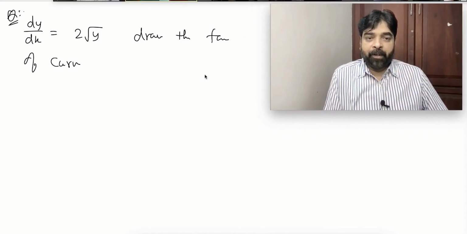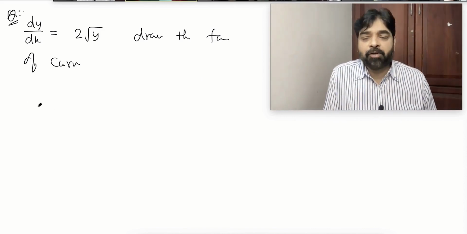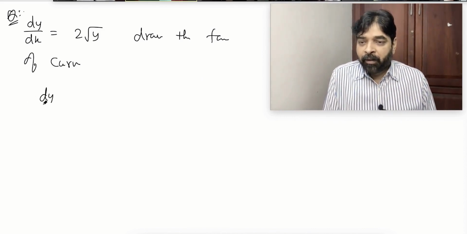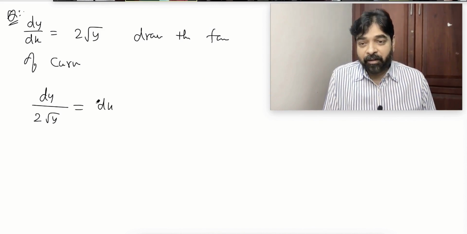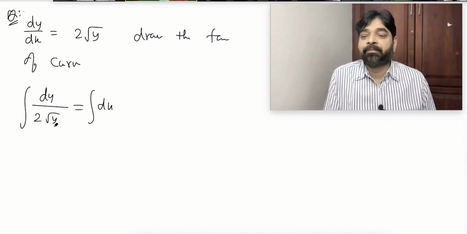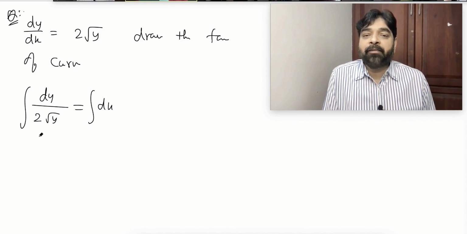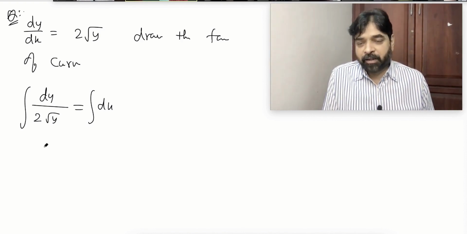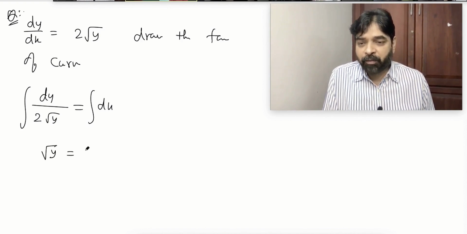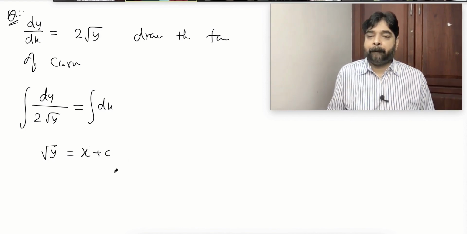Okay, let me try. Very simple question. I hope all of you got it. dy by 2 root y. When I draw the final answer, you should tell me whether you got the same or different. The integration of 1 by root x will be what? 2 root x. Correct? So integrating dy by 2 root y, we'll say root y equal to x plus c.